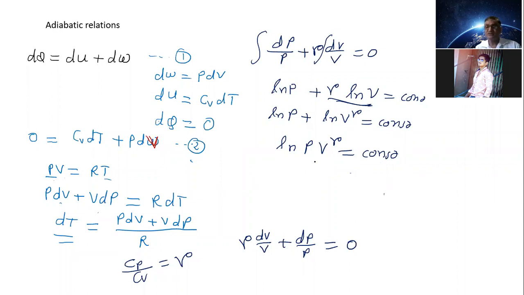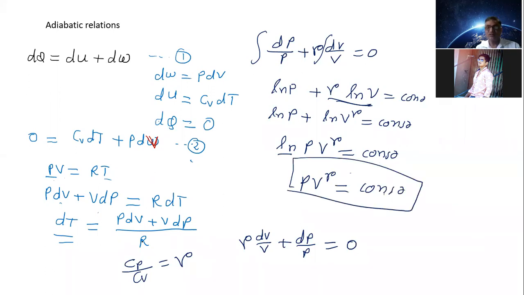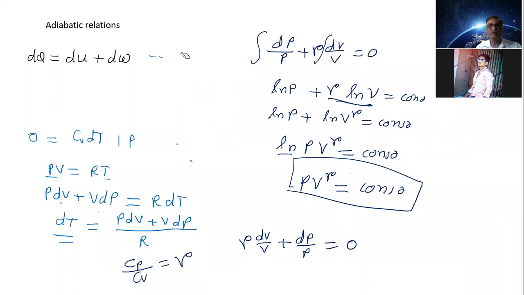And now see here, log of PV raised to gamma is equal to constant means PV raised to gamma is equal to constant. Now this is the adiabatic relation between pressure and volume.